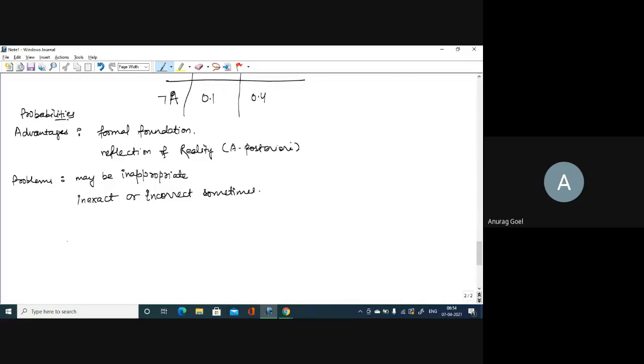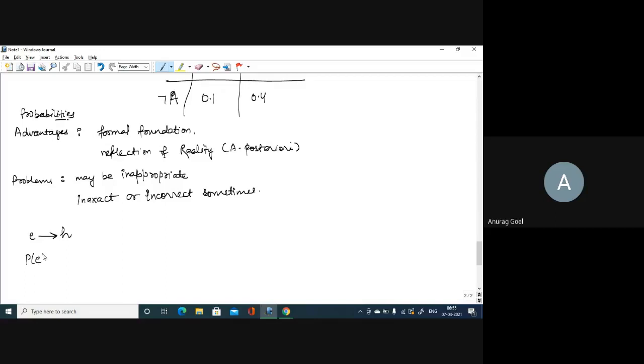So when we are referring to a posterior probability, so let's see. Let's say we have some evidence, and that evidence is concluding some hypothesis.